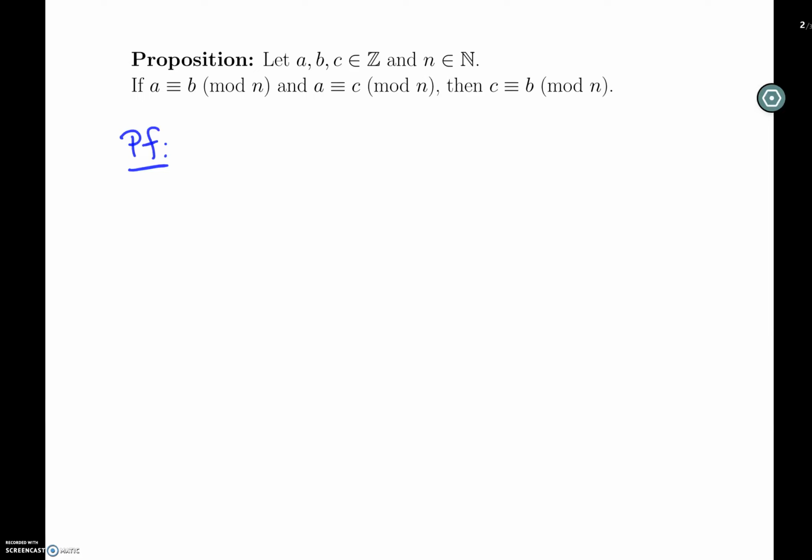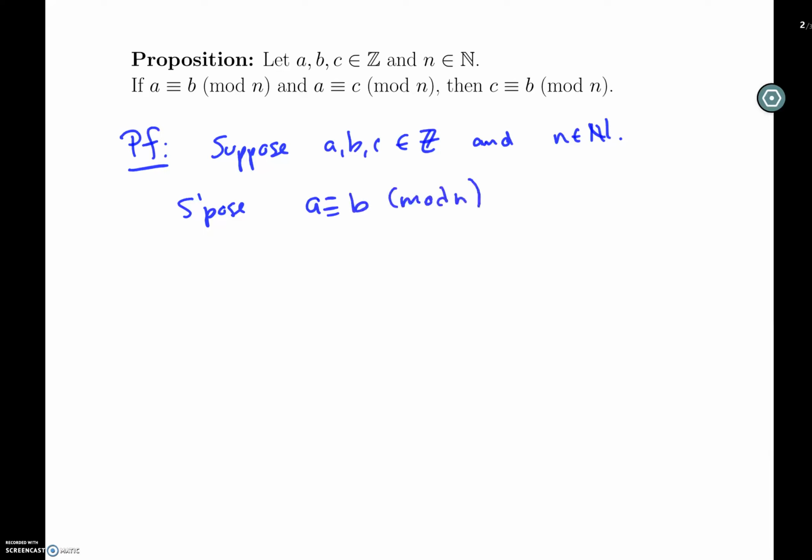Of course, we're going to suppose that we have a, b, and c that are integers and a natural number n. Further, we'll suppose that a is congruent to b mod n and a is congruent to c mod n.